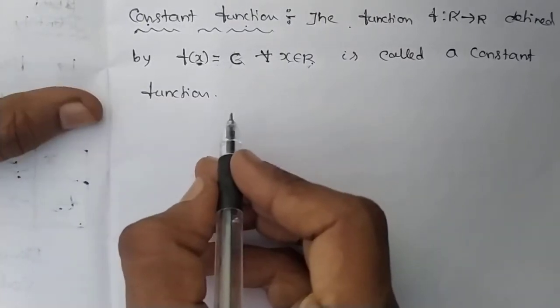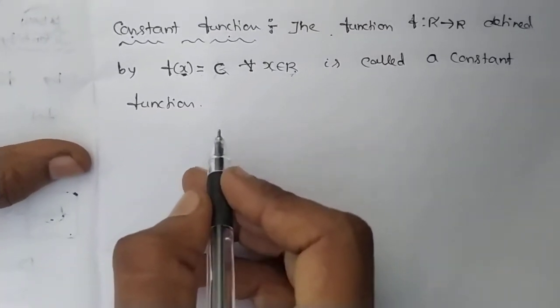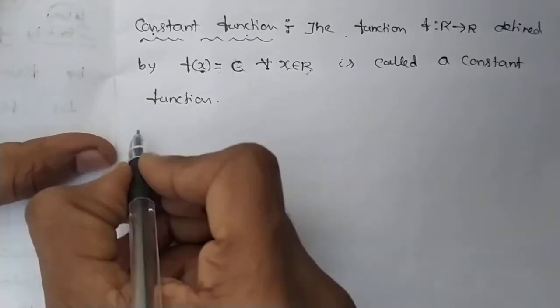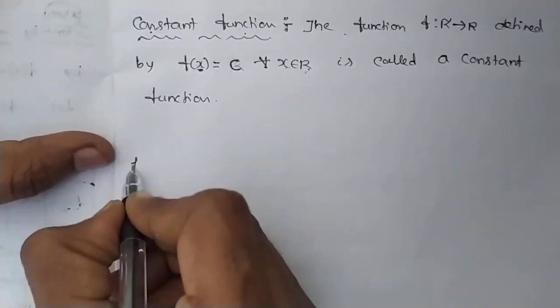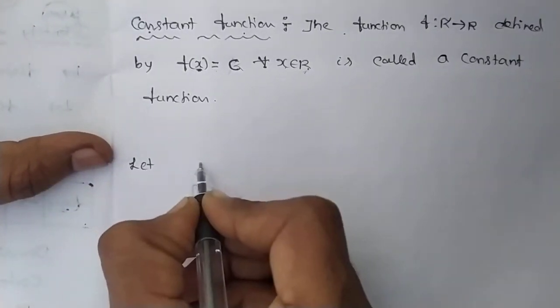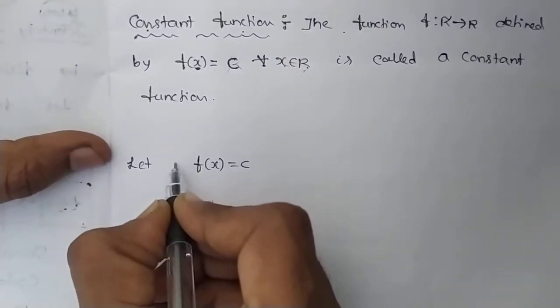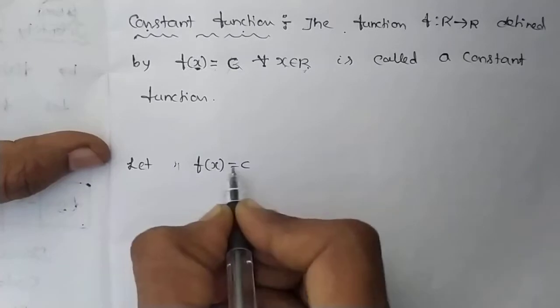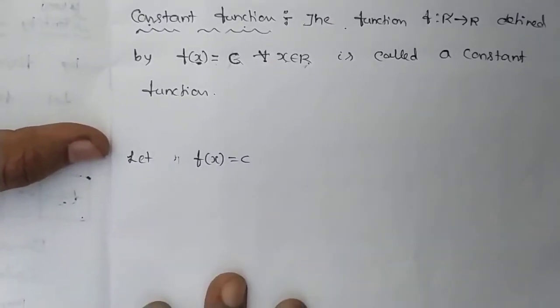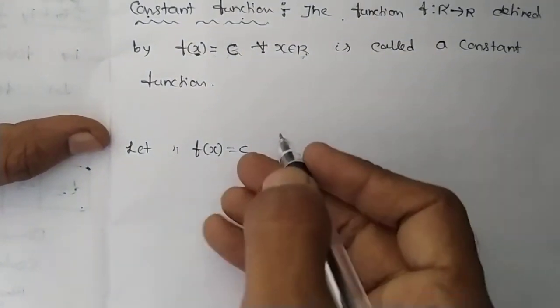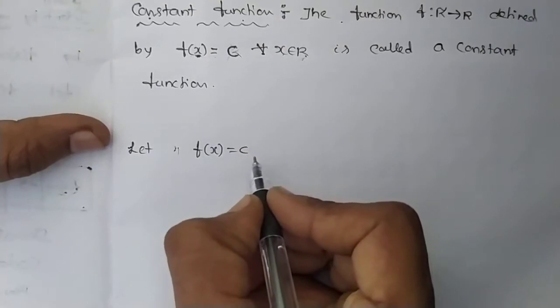Now let us draw the graph for this function. Before that, let y equals to f of x equals to c. If you want to take y, you can take f of x equals to c. We have to draw a graph for this function.